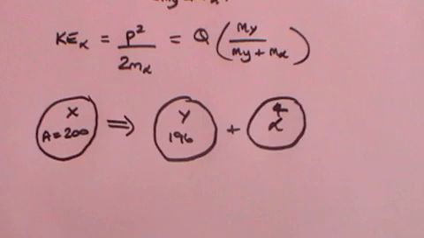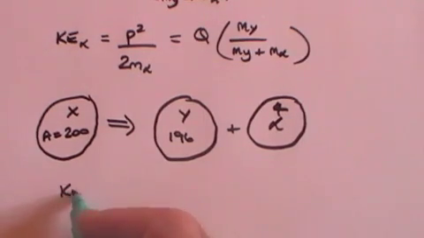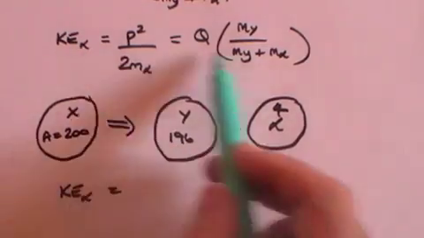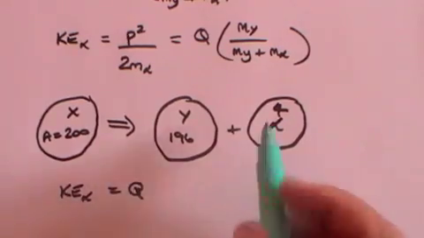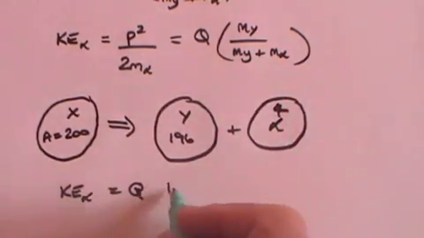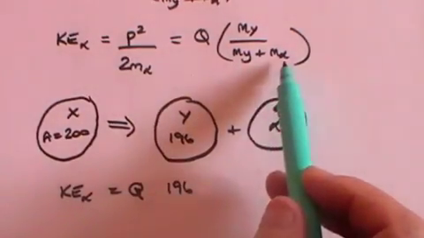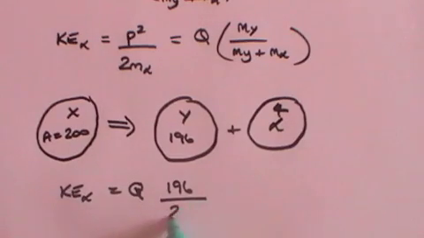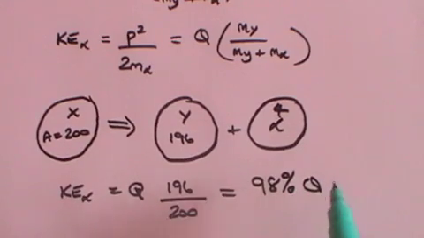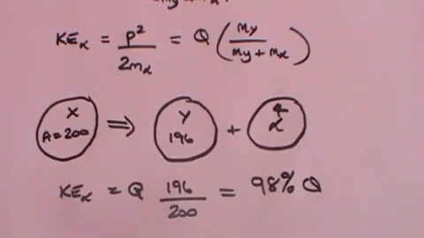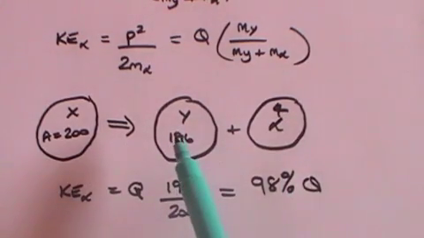So now we can substitute in this formula here. So the kinetic energy of the alpha particle is going to be Q times my, which is 196, over my plus m alpha, which is 200, which means that 98% of the total output energy goes in kinetic energy to the alpha particle, and obviously only 2% of that energy goes to the Y nucleus.